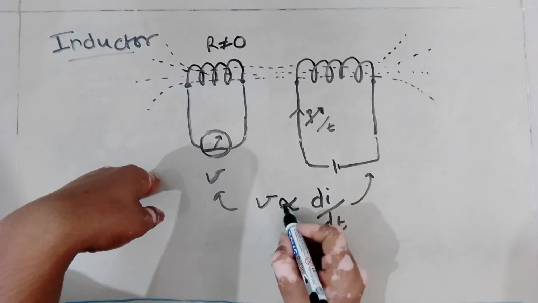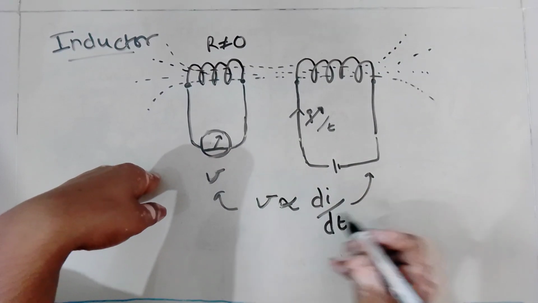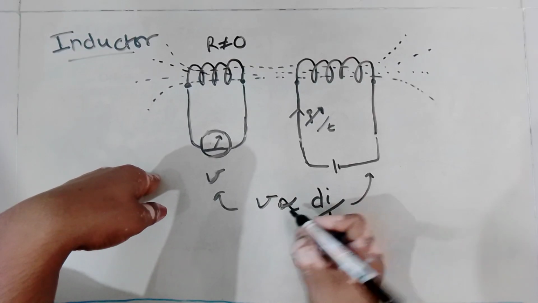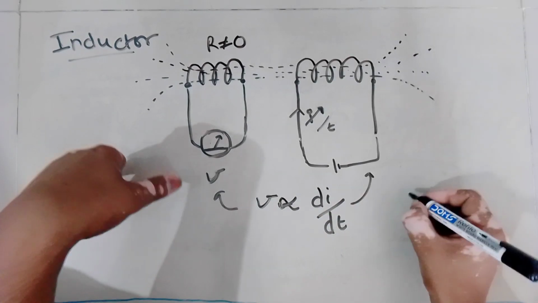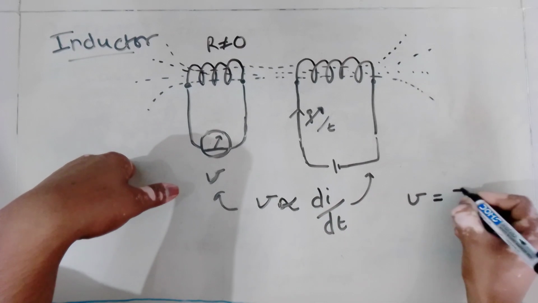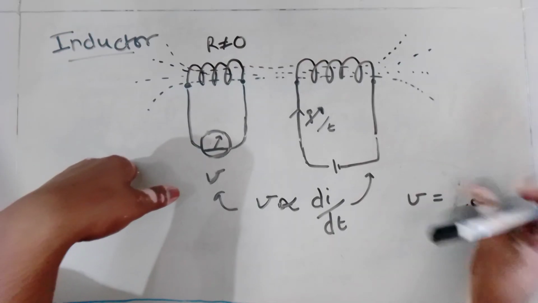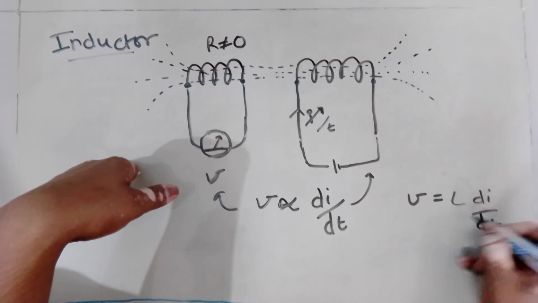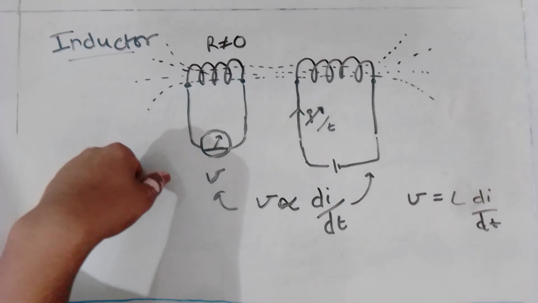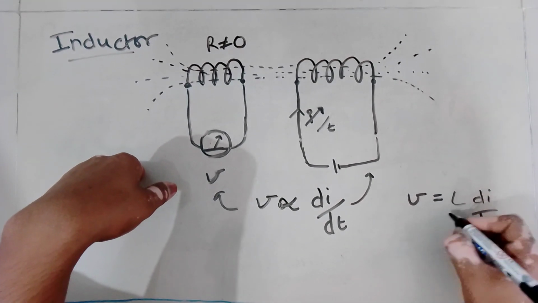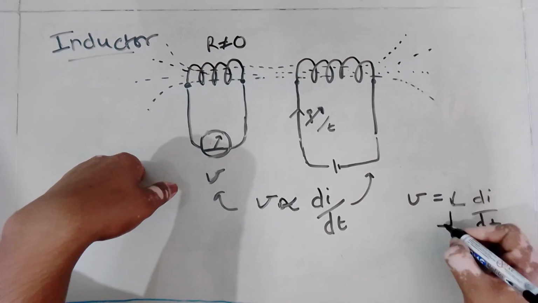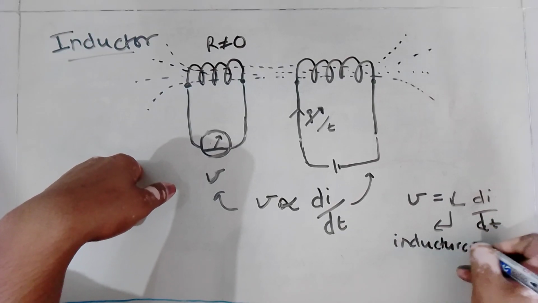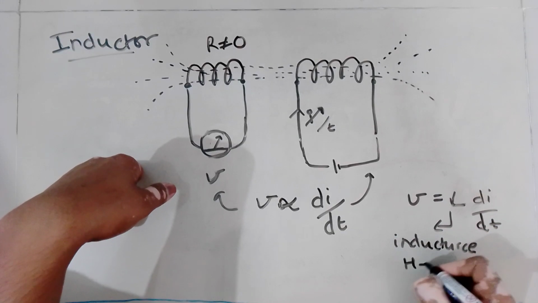And when this is proportional, we remove the proportionality sign by replacing it with a proportionality constant, and we can say that V is equal to L di by dt, and here L is the inductance, and is measured in Henry.